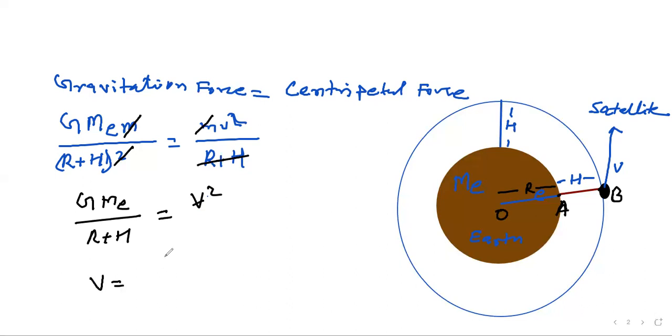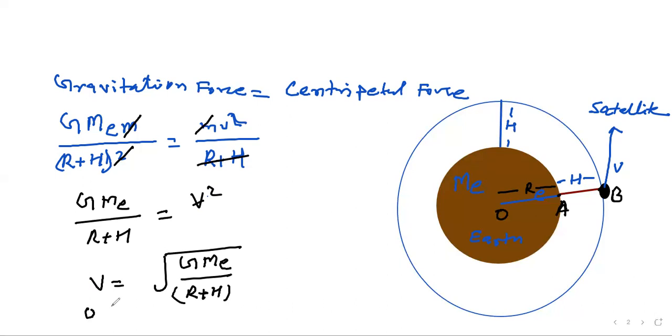So V equal to root under G ME upon R plus H. Sorry, there should not be a square here. So this is the orbital velocity.